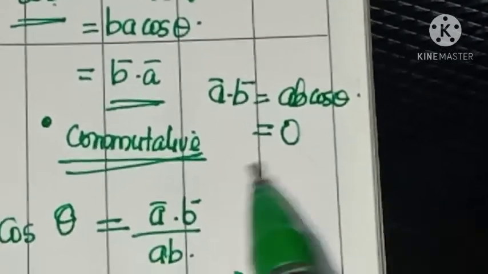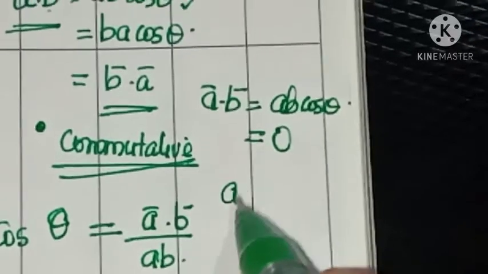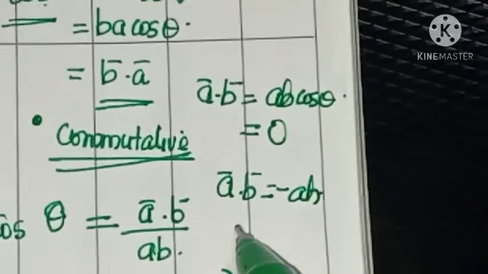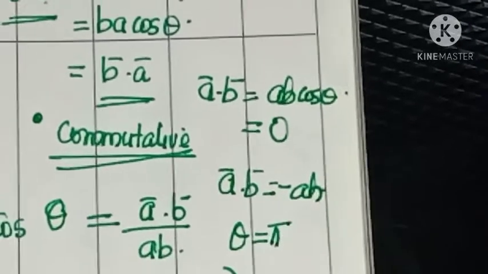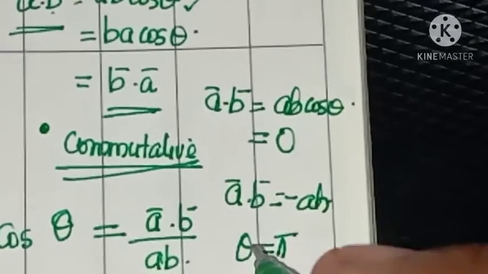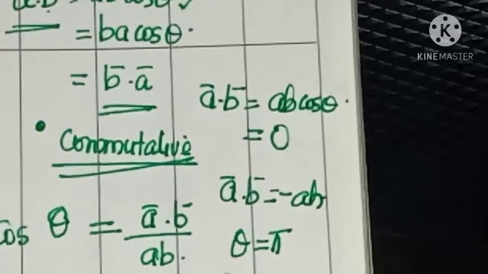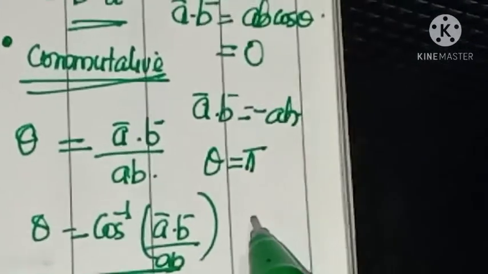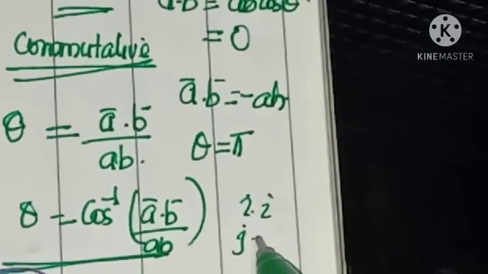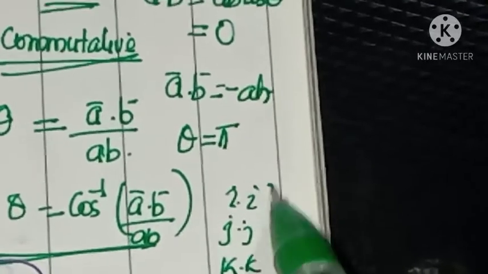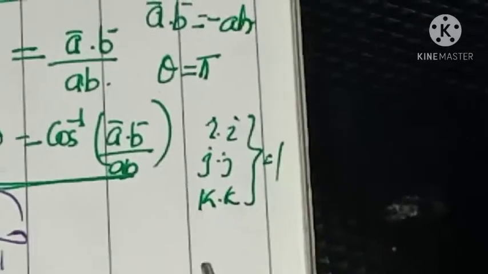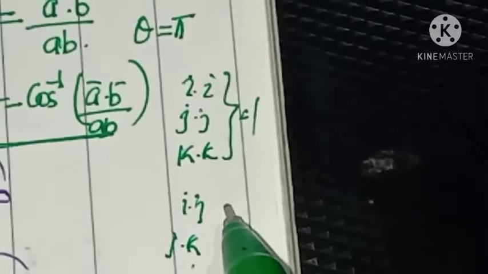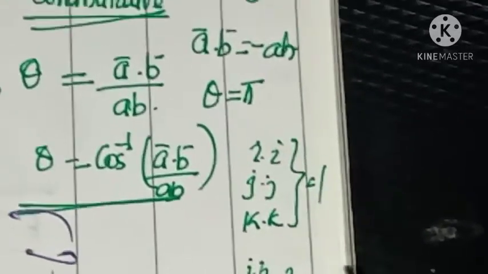If A dot B is equal to minus AB, then the angle between these two vectors is equal to 180. Now i dot i, j dot j, k dot k, all these are equal to 1. At the same time, i dot j, j dot k, different unit vectors, is equal to 0.